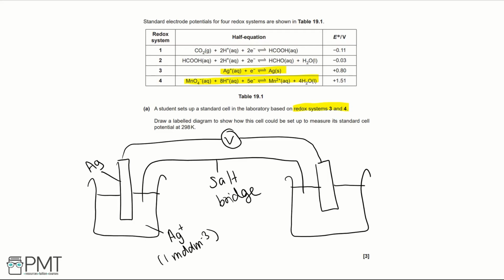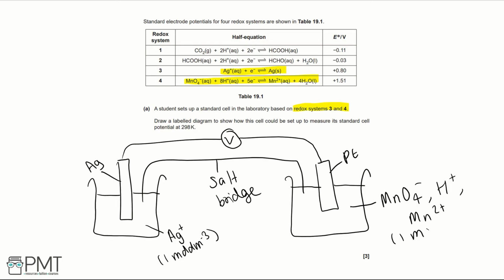Then looking at redox system 4, we don't have any solid metals, so we're going to have a platinum electrode, and all of the ions are going to be in this solution. So we've got MnO4 minus, H plus, and Mn2 plus.